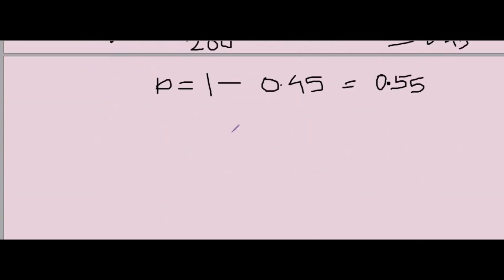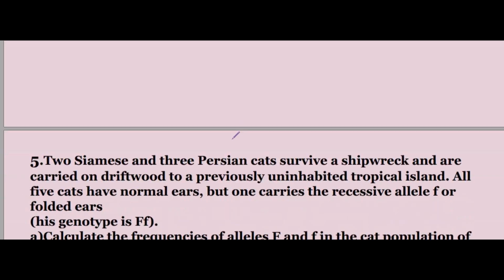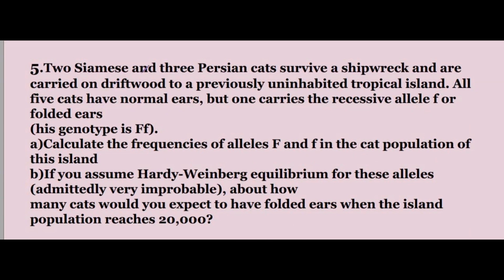Let us move to another question, which is, two Siamese and three Persian cats survive a shipwreck and are carried on a driftwood to a previously uninhabited tropical island. All five cats have normal ears, but one carries the recessive allele small f for folded ears, and his genotype is capital F, small f. Now we have to calculate the frequency of alleles capital F and small f in the cat population of this island.